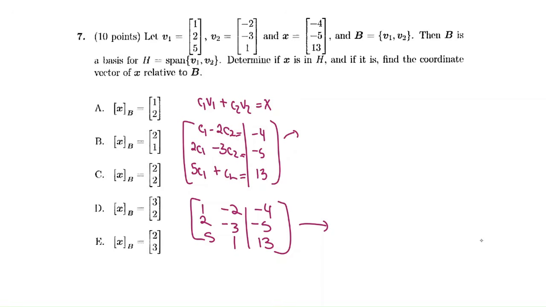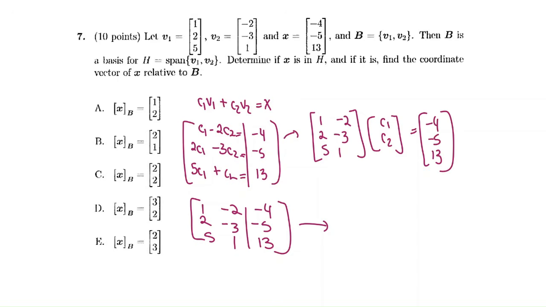Another clear way of writing this is 1, -2, 2, -3, 5, 1 times C1, C2 equals X, which is -4, -5, 13. And we want to figure out what C1 and C2 are, and we do that by doing this row reduction.